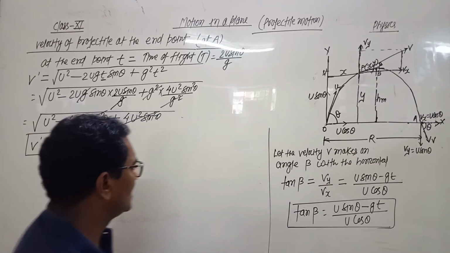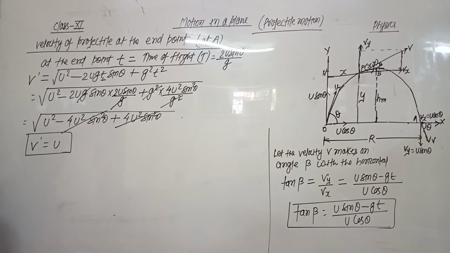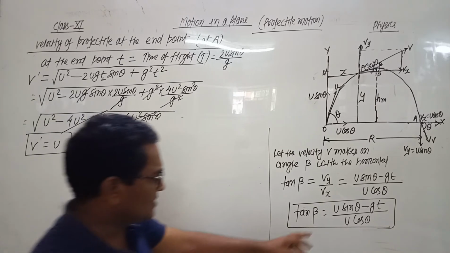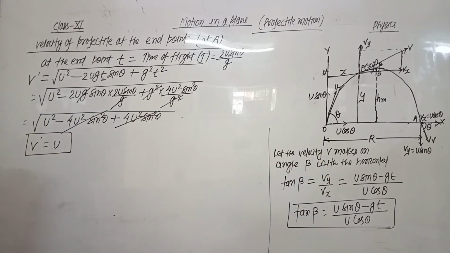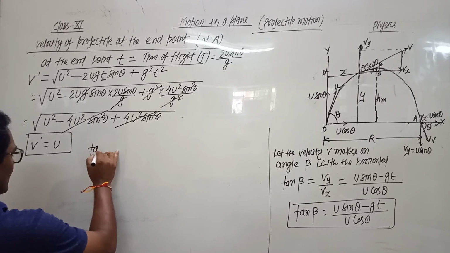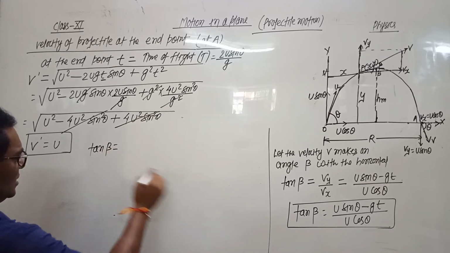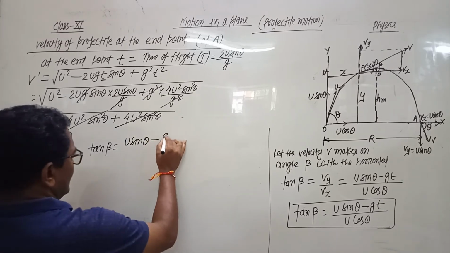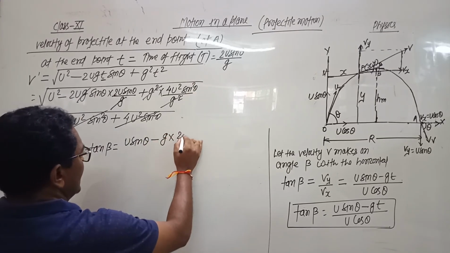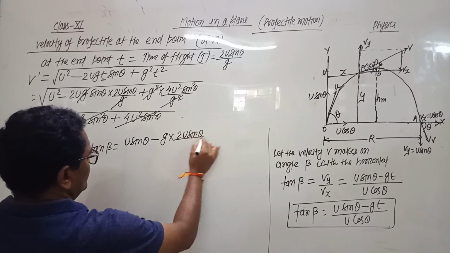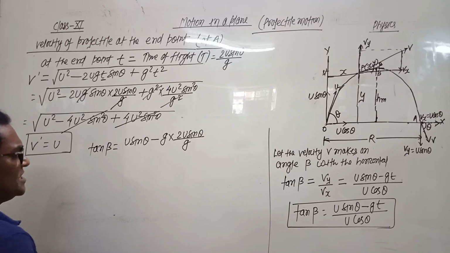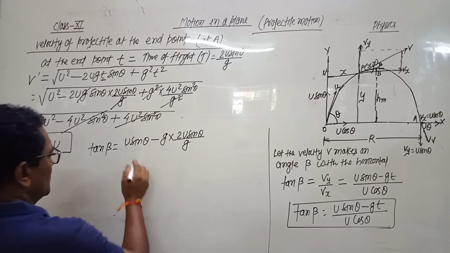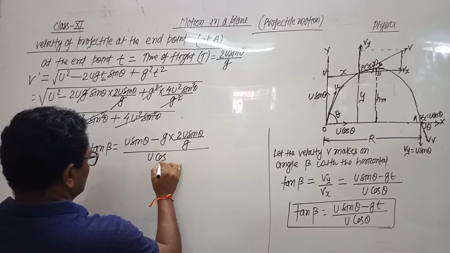So at point A, the value of velocity v dash is equal to u, and for finding the angle, the value of tan theta is calculated. Tan beta equals u sin theta minus gt, and the value of t is 2u sin theta upon g, all upon u cos theta.